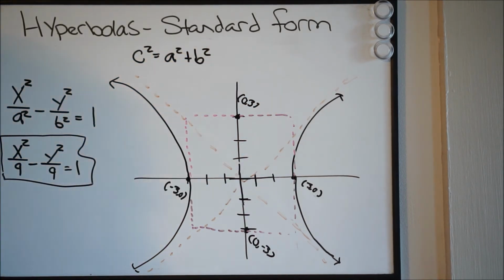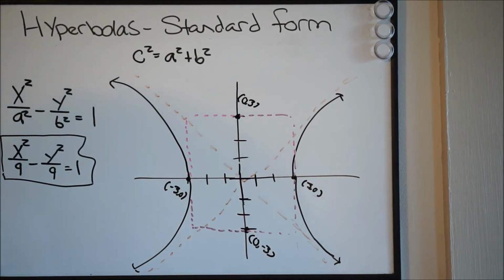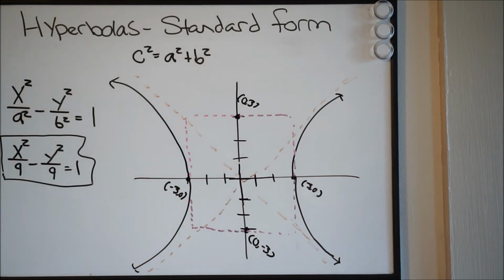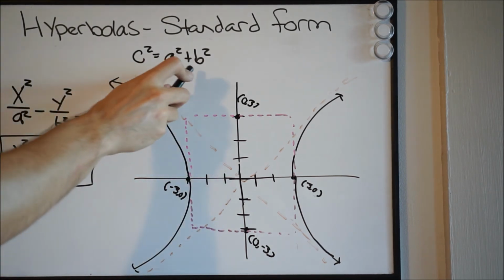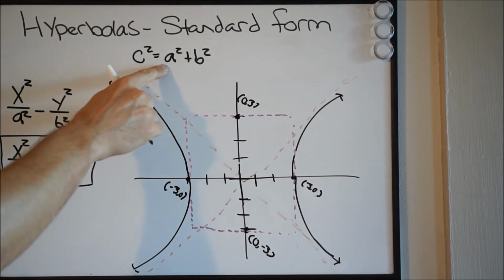Remember, when you're dealing with an ellipse, it's the same thing, except you have minus b squared here. So let's fill in our values and find c, which is our foci. C is our foci, a is our vertices on the transverse axis, b is our co-vertices on the conjugate axis. So all I have to do is plug these in.